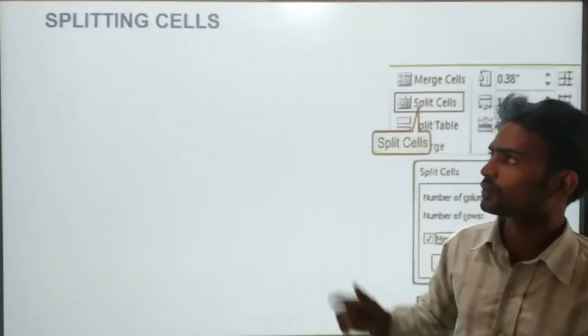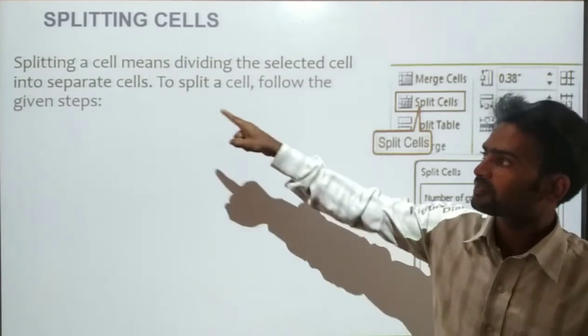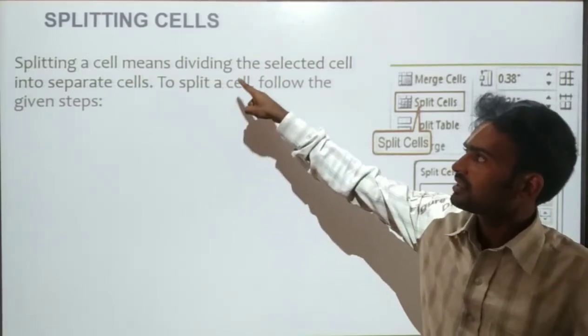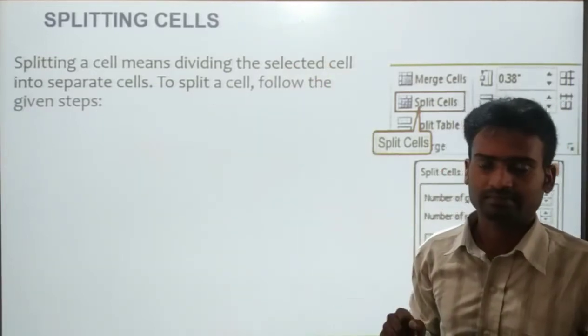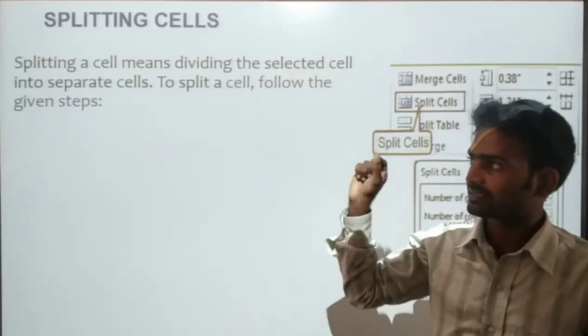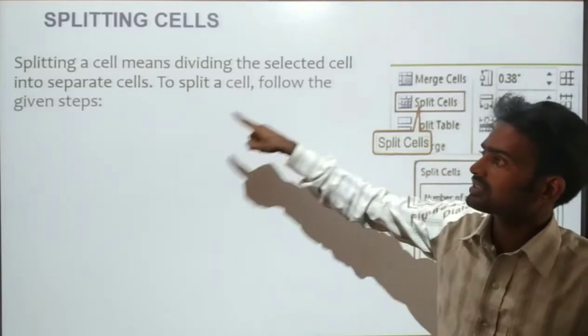Here we go with the first one, splitting cells. What is the meaning of splitting? Splitting a cell means dividing a selected cell into separate cells, right? To split a cell, we have to follow the given steps.